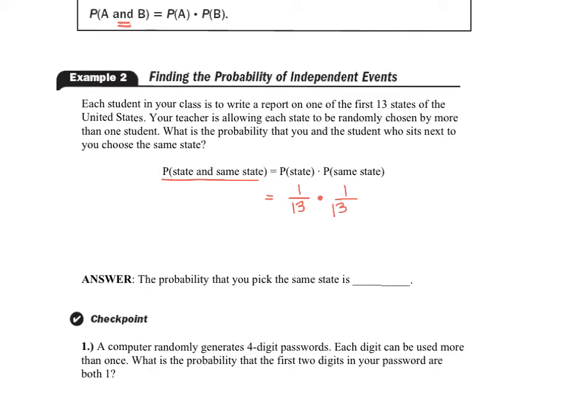Okay, again, it doesn't matter which state it is, there's a 1 out of 13 chance that you would choose it. Okay, now we are multiplying these two fractions. So this is different than overlapping and disjoint. When it's independent, we multiply because we want both of these events to happen, not just one or the other. What is the probability that both of them will happen?